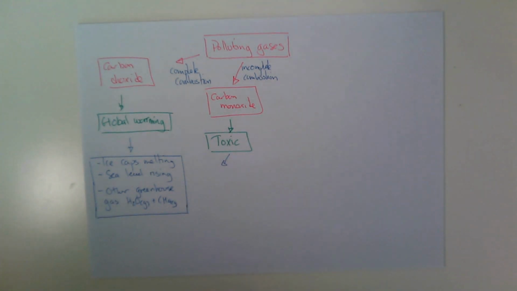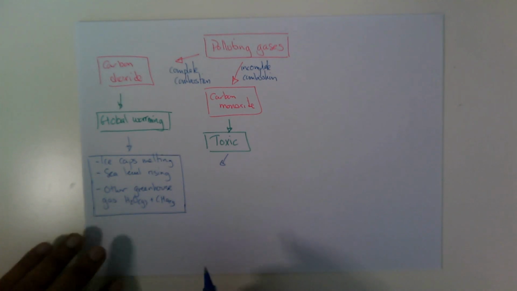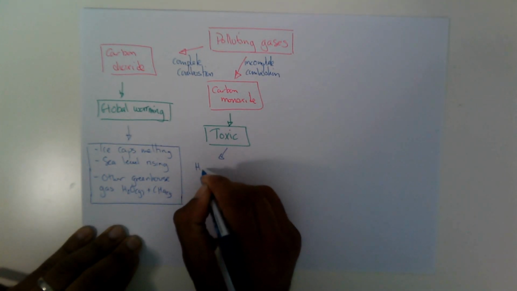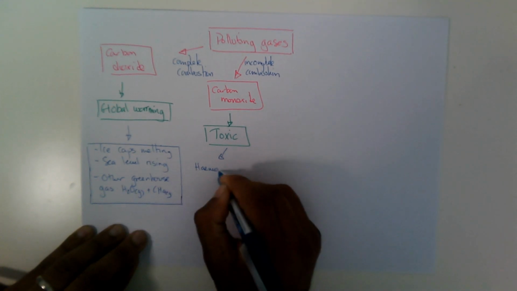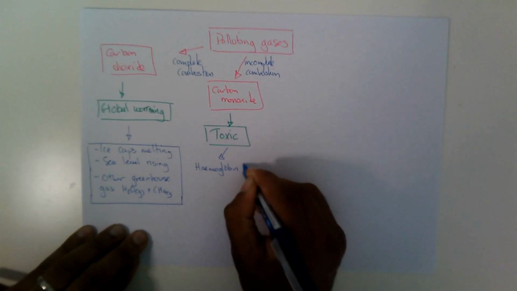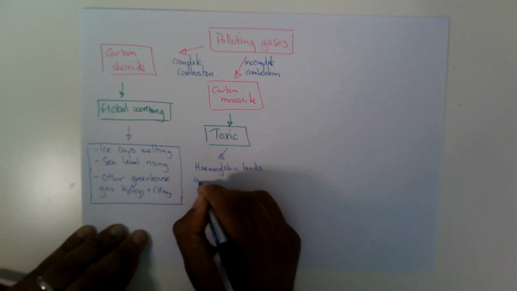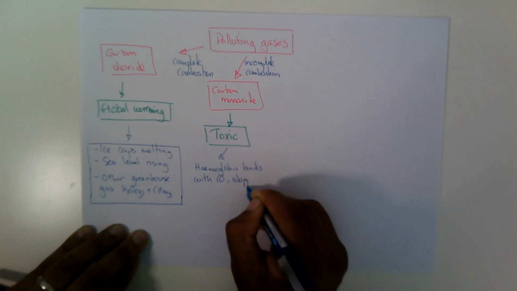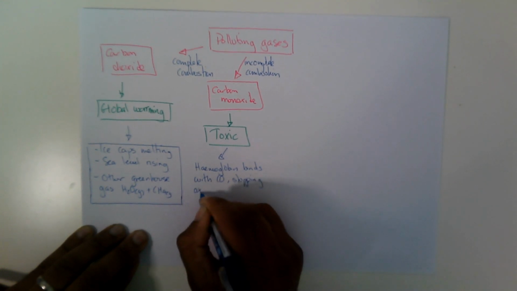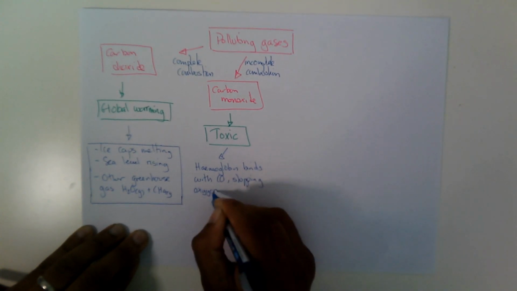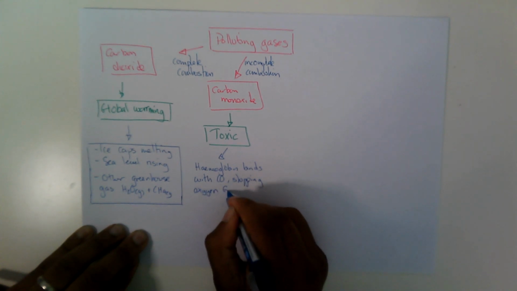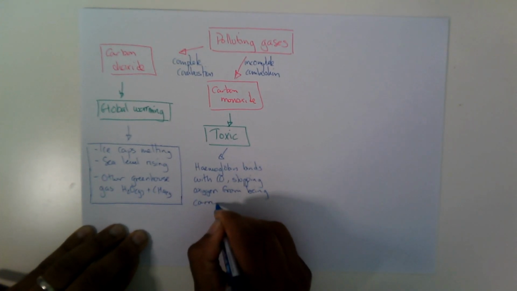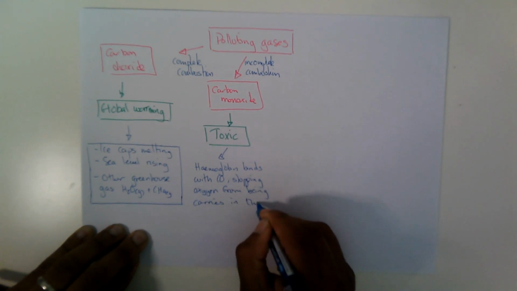Our red blood cells contain a protein called hemoglobin, and the hemoglobin binds with carbon monoxide, stopping oxygen from being carried in the red blood cell.